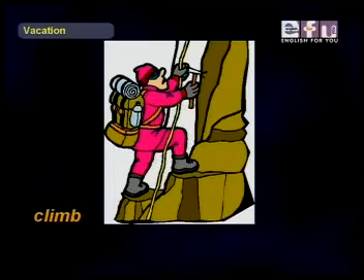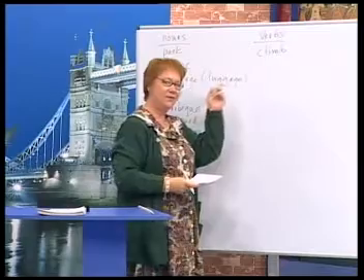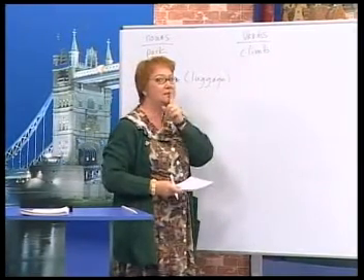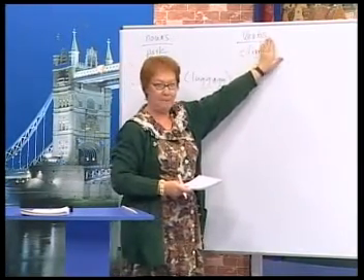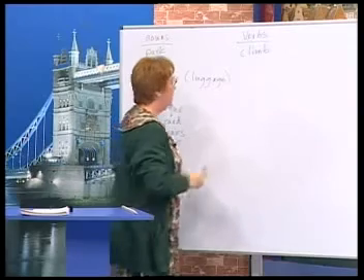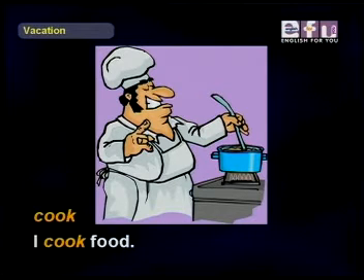Now, the first verb is climb. Now, it doesn't sound like it looks. The letter B is silent, climb. Okay? We climb a mountain. Next is cook. I cook food.